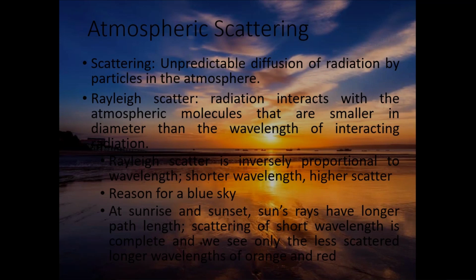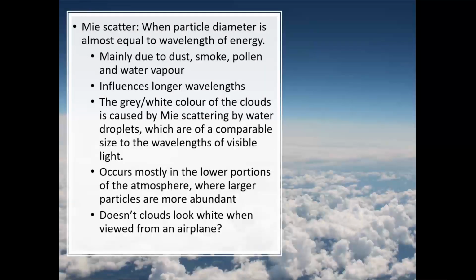So this leaves a greater proportion of the longer wavelengths to penetrate the atmosphere. That is why during sunrise and sunset we observe the longer wavelengths, and during noon time we observe a bluish sky.